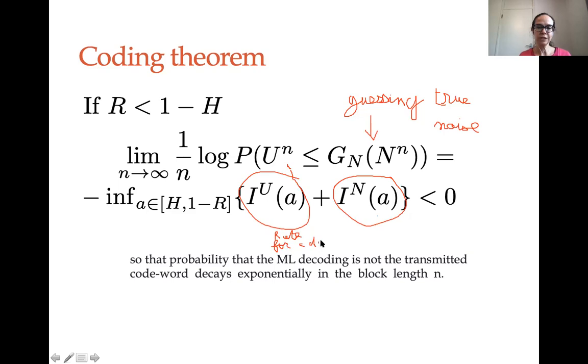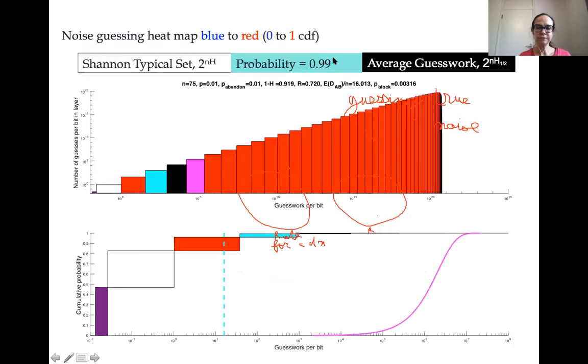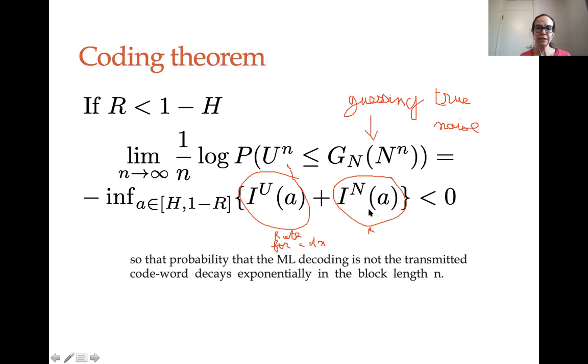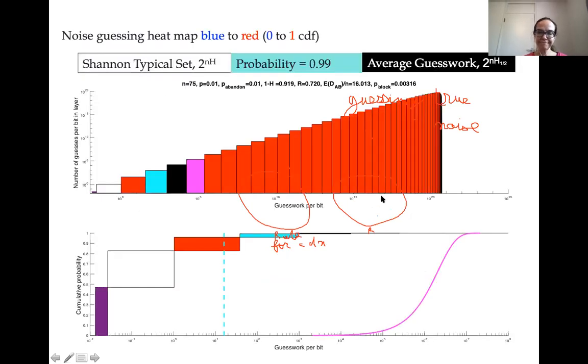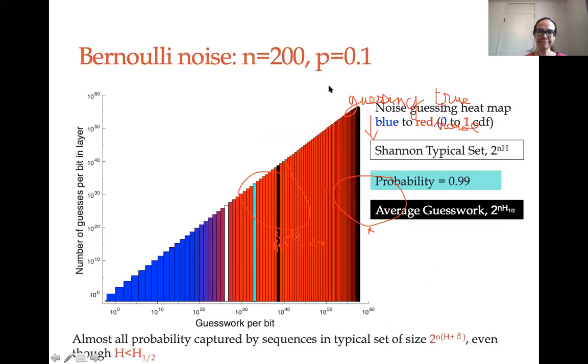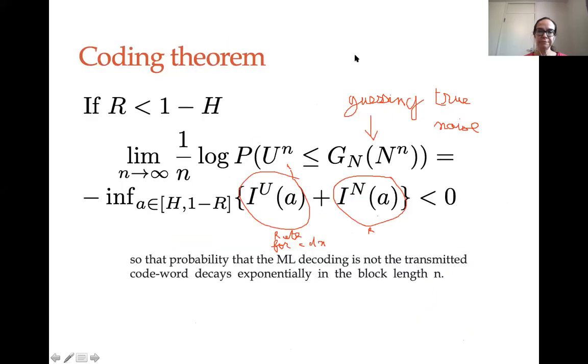I'm just going to shorten it. And this is the rate for the noise, the true noise, the noise that actually happened on the channel.